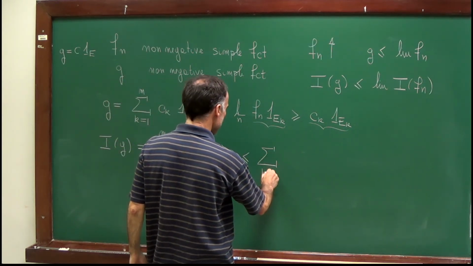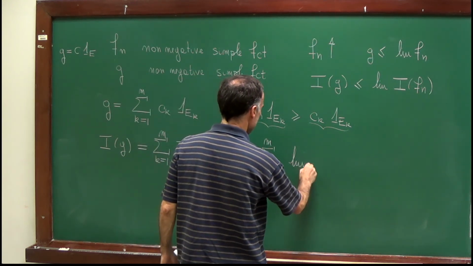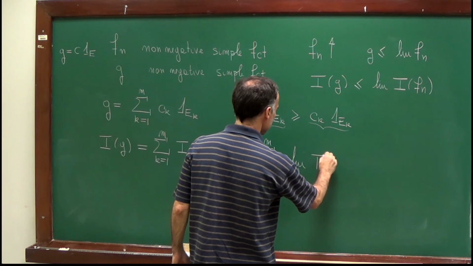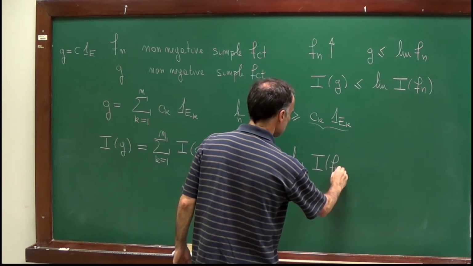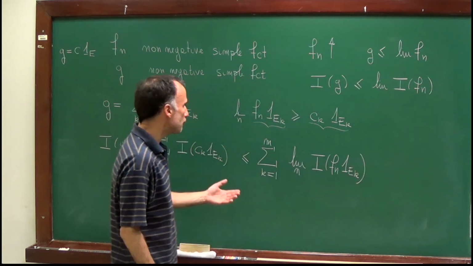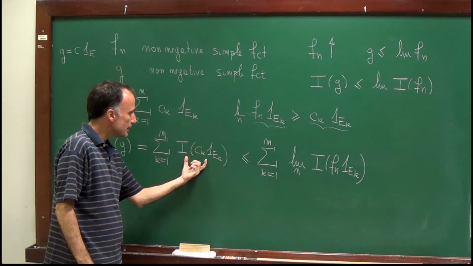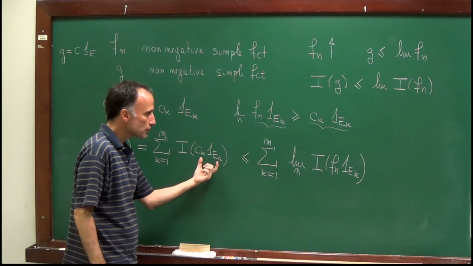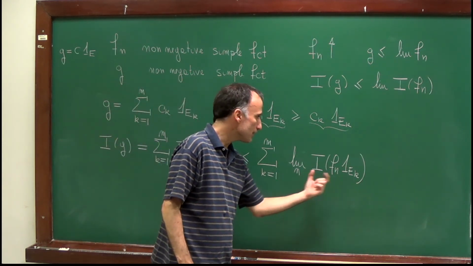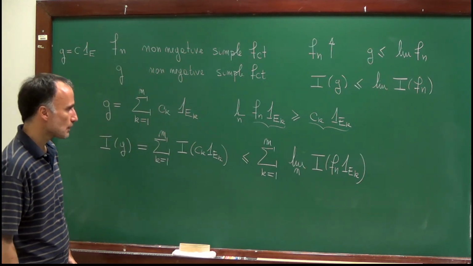So I'm just rewriting this fact here. By the first part of the proof, we know that for each k, the integral of this simple function is less than or equal to the limit of these integrals.